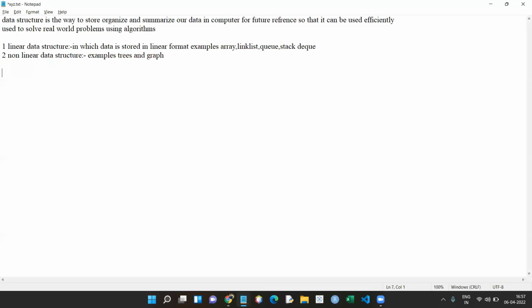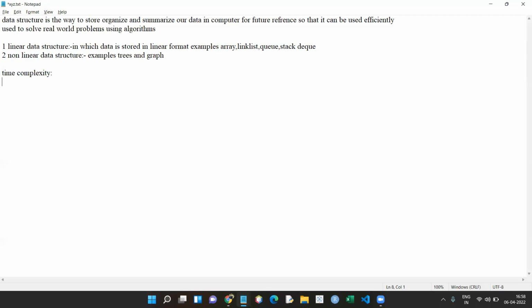So moving further with data structure, we must be aware of three things: time complexity, space complexity, and big O notation. Starting with the very first thing, time complexity. What is time complexity? Basically, it is the time taken by an algorithm to run in a computer, because in data structure we apply algorithms to solve real world problems.